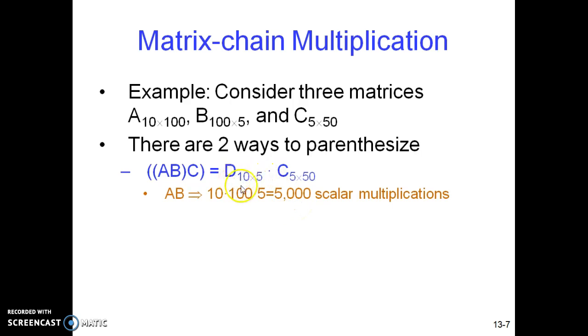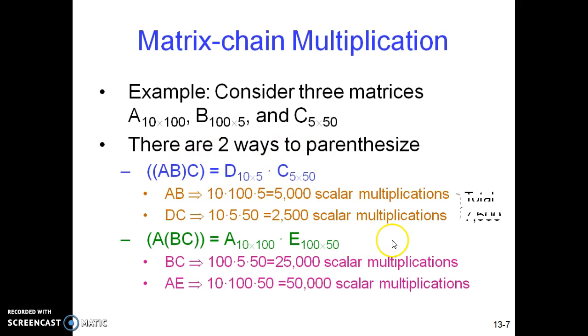Then the result, call it D, is multiplied with C, and the cost after multiplication of D and C is 2500. The total multiplication for this is 7500.